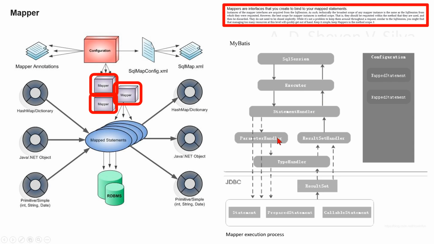The statement handler is connected to the parameter handler and statements, and the parameter handler is connected to statements, and the type handler is connected to statements, and statements are connected to the result set.